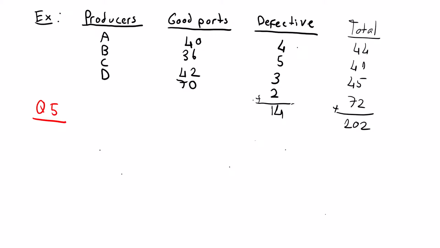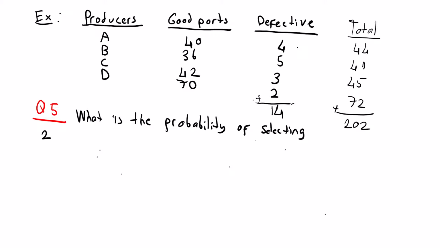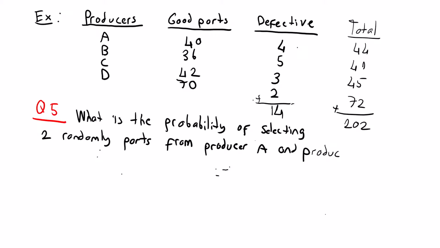Okay, and we are looking for the probability of selecting two random parts from producer A and producer B with replacement.